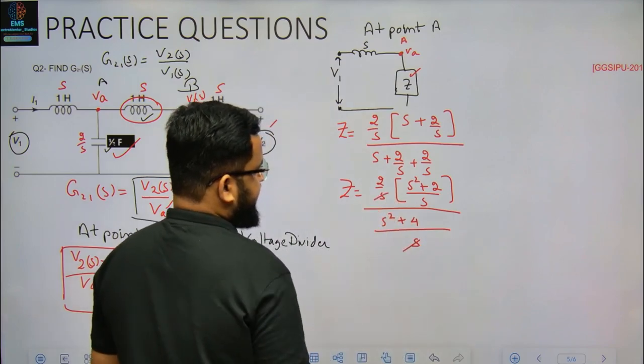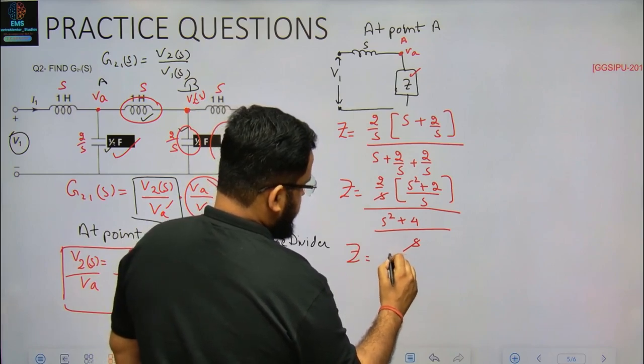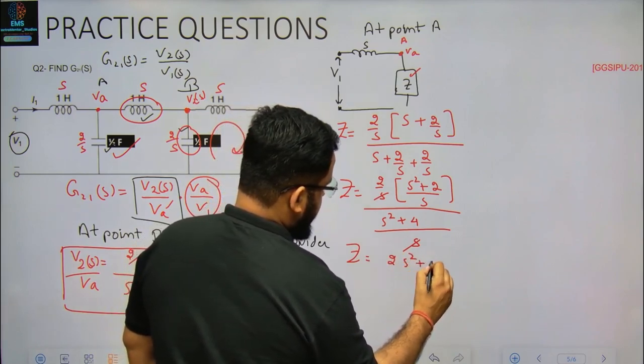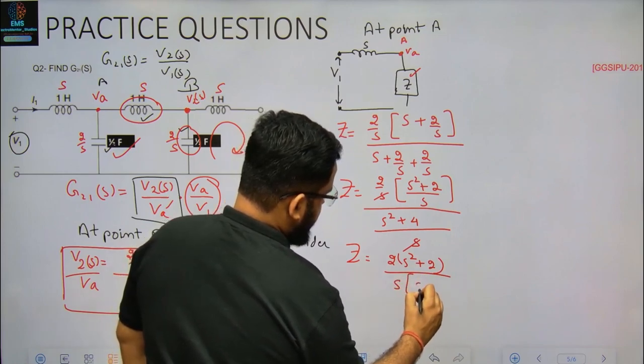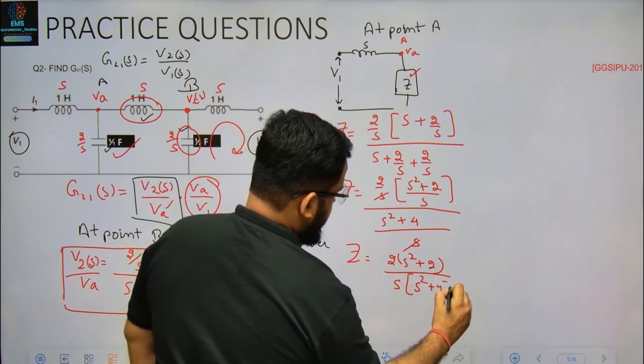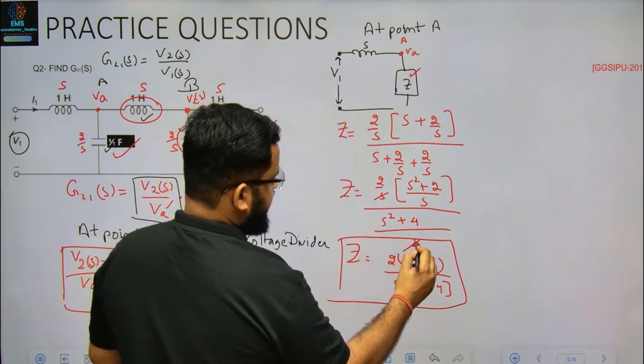So 1 S gets cancelled. So I get Z is equal to 2 into S square plus 2 divided by S into S square plus 4. So I've got the value of Z.